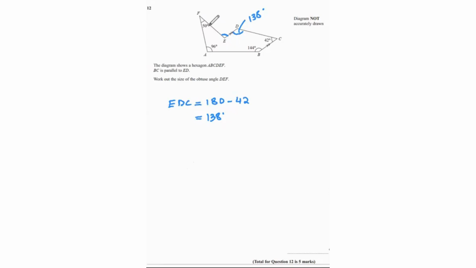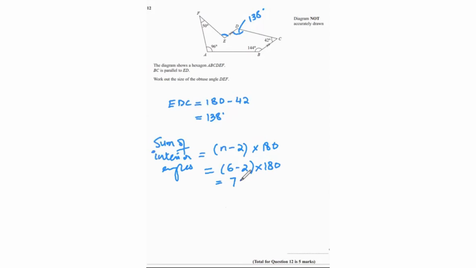So a hexagon has 1, 2, 3, 4, 5, 6 sides. So we can find the sum of interior angles using the formula n minus 2 times 180. N is the number of sides, so 6 minus 2 times 180, which gives us 720.